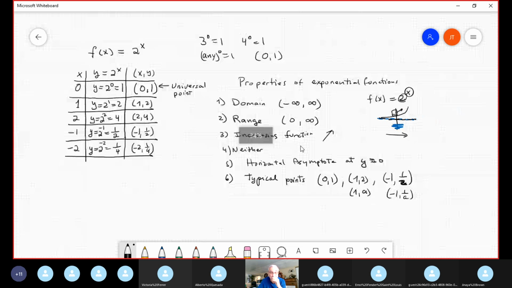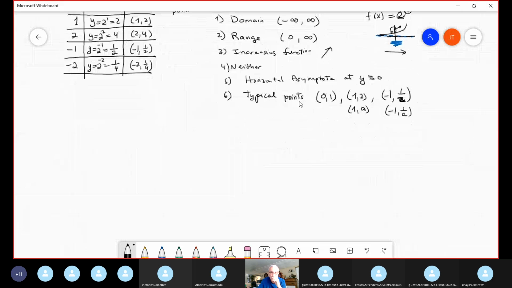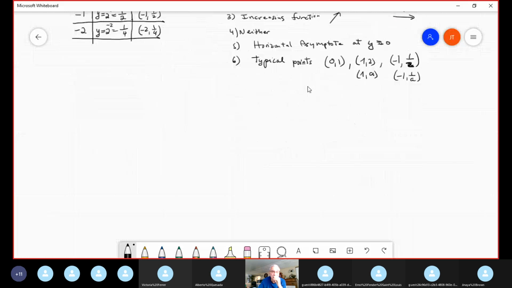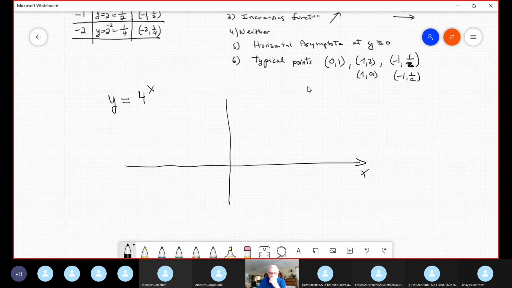So suppose that in the test I ask you, do the graph of this exponential function, y equals 4 to the x. It's easy. I understand very well because I know that it's increasing. I know that we have the famous 3 typical points.